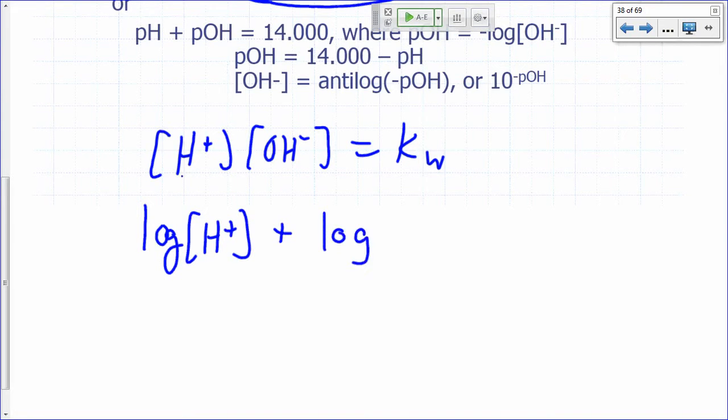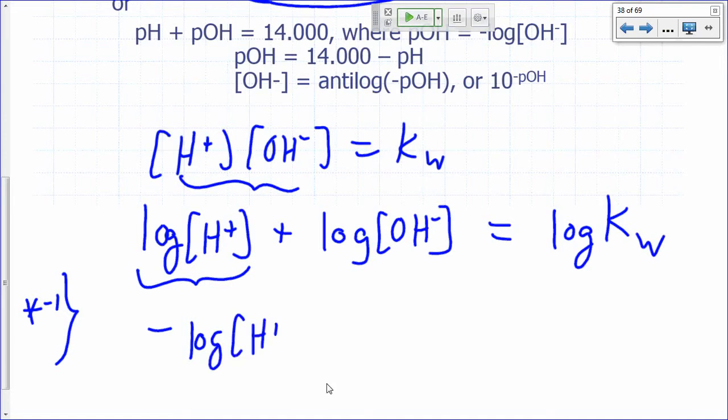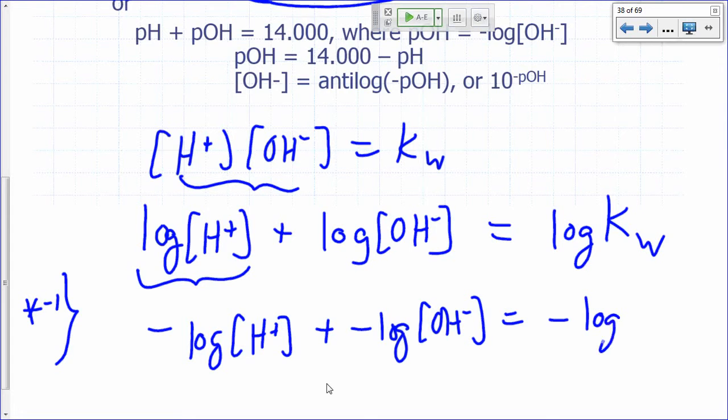So log of H plus plus log of hydroxide is equal to log of Kw. If I take the negative of both sides, then this is negative log of H plus plus negative log of hydroxide equals negative log of Kw.